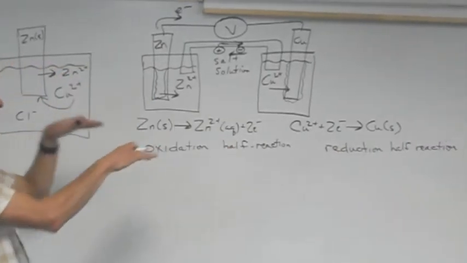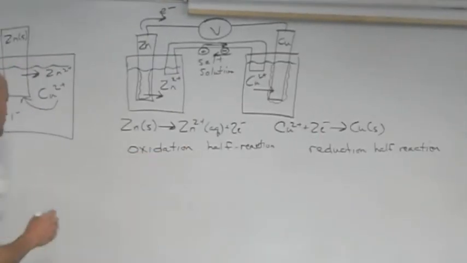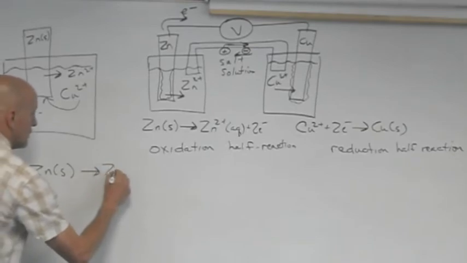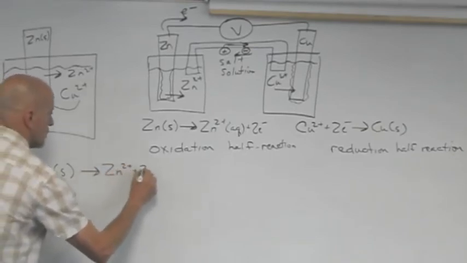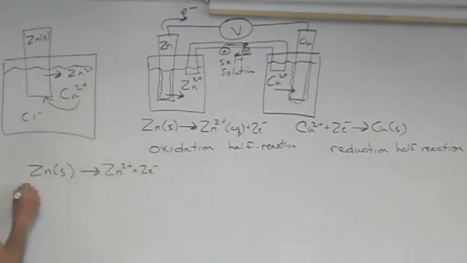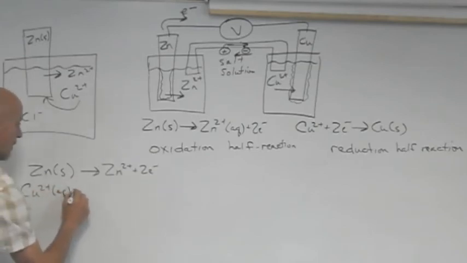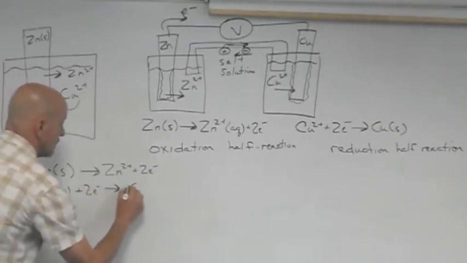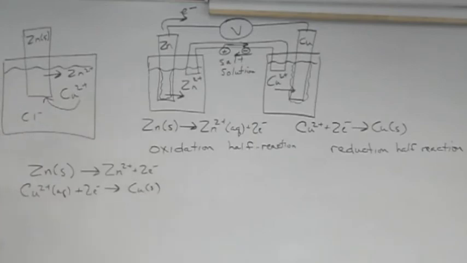I can, of course, combine them back into one equation if I add them up. Let me take the 2 half reactions, oxidation and reduction, add them together to get the full reaction.